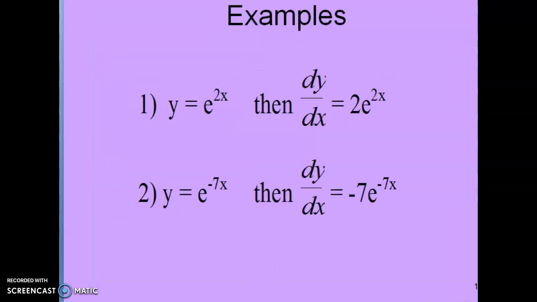All right, let's see one or two examples. Remember I said you drop down here. In this case, the a from the previous page is equal to 2.